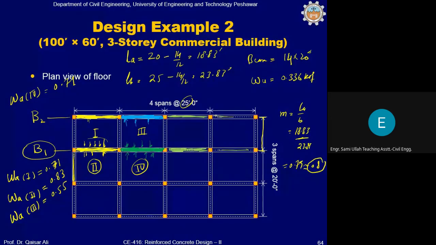So it means that you have calculated load on the full length of these two beams. Similarly, these two beams are the same. This is also B1, and this beam is also B2. So you have calculated the load acting on all beams running along the longer direction. Is that right?